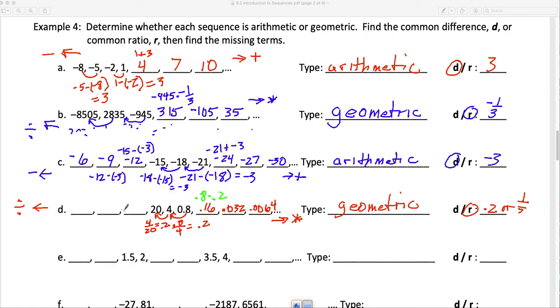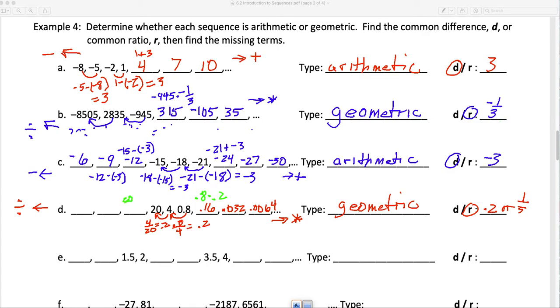All right, 20 divided by 0.2 is what we're going to do backwards, and I'm going to switch back to the green so you can see what I'm doing. Okay, so right here, I'm going to divide backwards, and I'm dividing by 0.2, which is my common ratio. So this number is going to be 20, and I'm going to divide by 0.2.